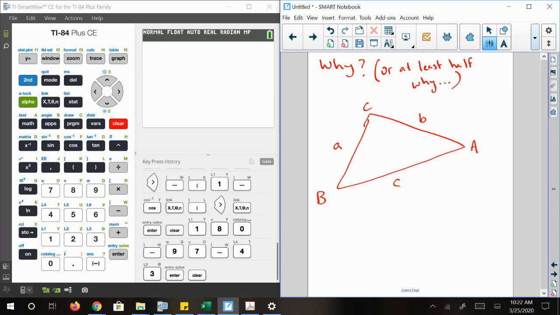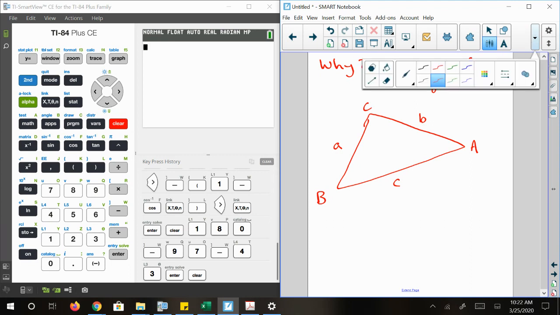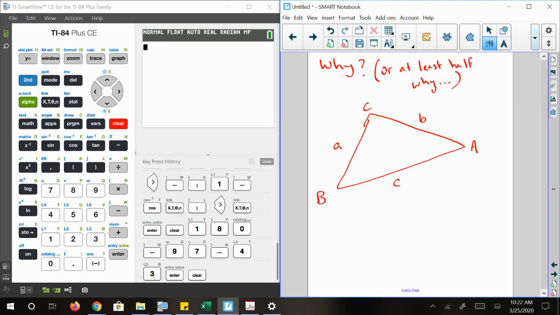Again, this is a non-right triangle. I'm going to draw what we call in geometry an altitude from angle C down to side C. If you don't remember that word altitude, that's okay. An altitude is a line segment that's perpendicular to the opposite side, meaning it creates a right angle here and a right angle here.